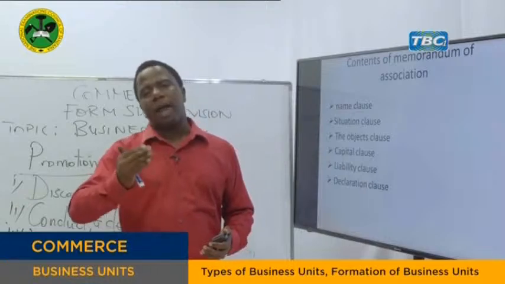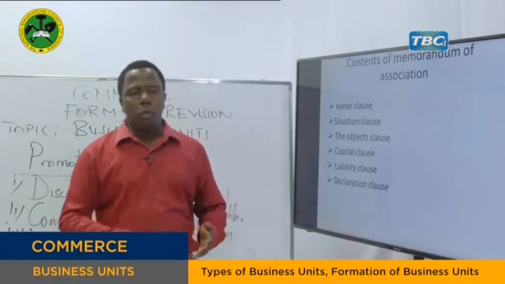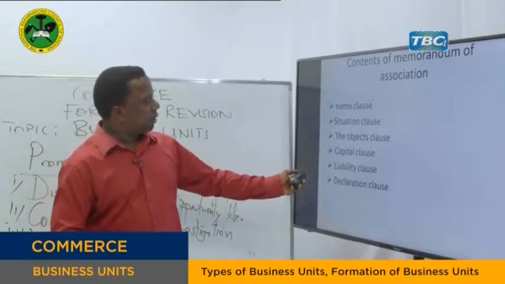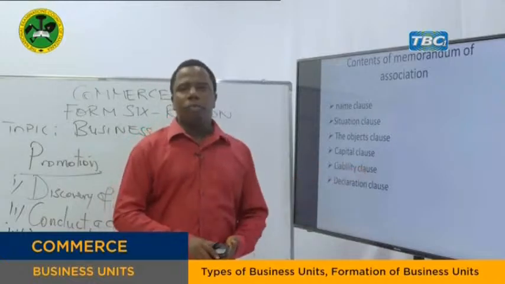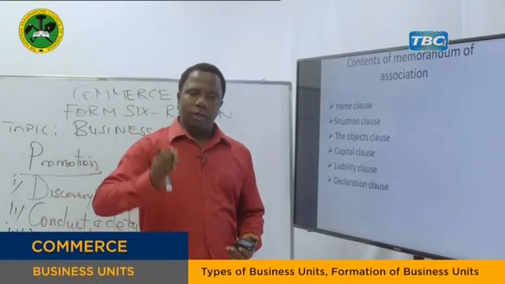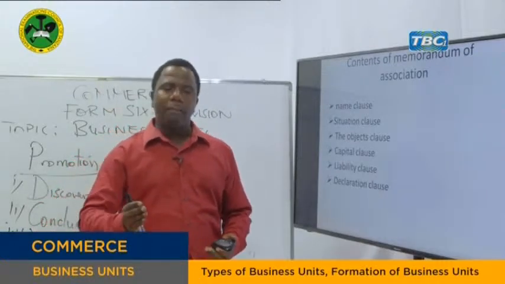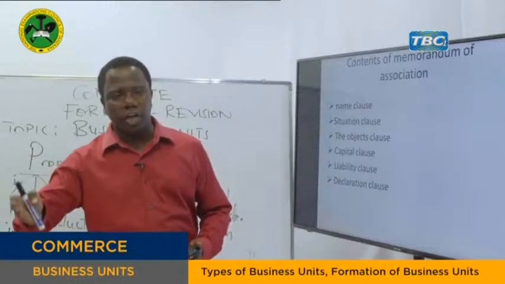It must write that capital so that a company can be issued with a certificate of trading. Liability clause: this shows the liability of a company, that this is a limited company, either limited by shares or by amount guaranteed.